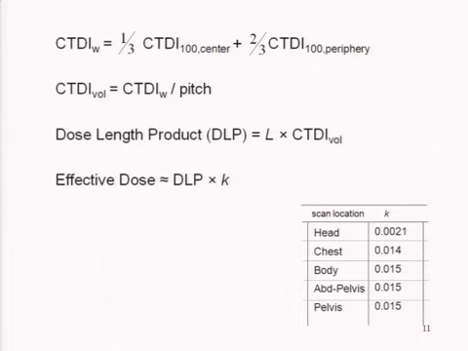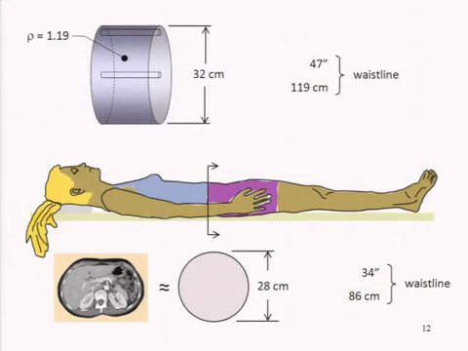This is what I taught my residents last week when I lectured to them, because that's sort of what's going on today. What are the limitations of this as we strive to have more accurate dose estimates in CT? Well, one of the largest issues is that the average patient isn't 32 centimeters in diameter.